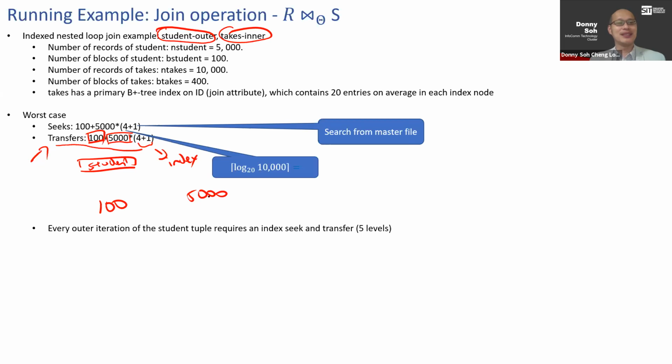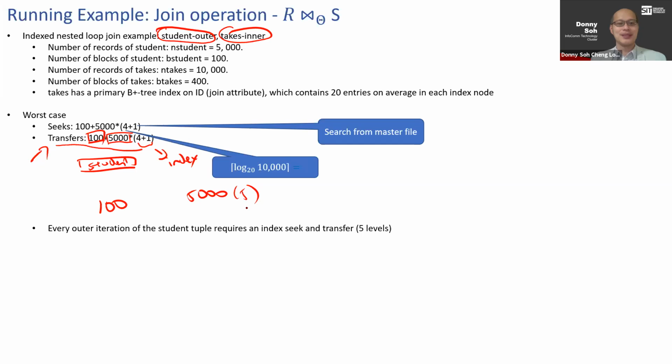My search of my index will require log 10,000 base 20, which is 4, plus 1, which is 5. So that is the amount of transfers required in my index nested loop join.